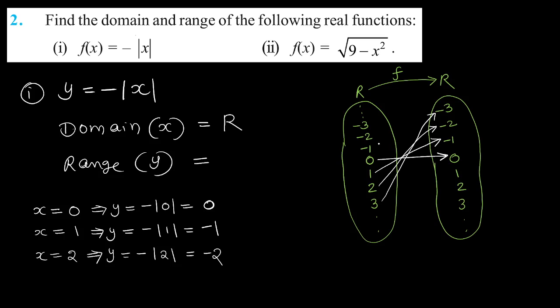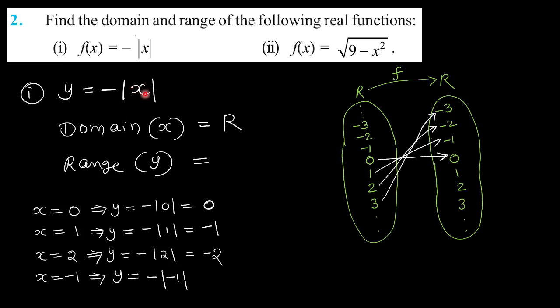And now what about -1, -2, -3? Let us look at that number. If x equal to -1, what is y? Y equal to minus of mod x, right? You can ask me doubt after this. Okay, let me complete it. If x equal to -1, y equal to minus of modulus -1.